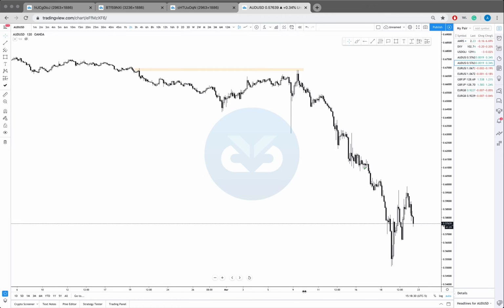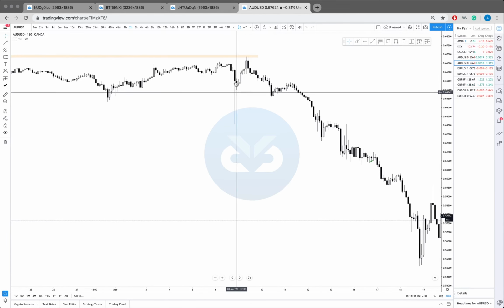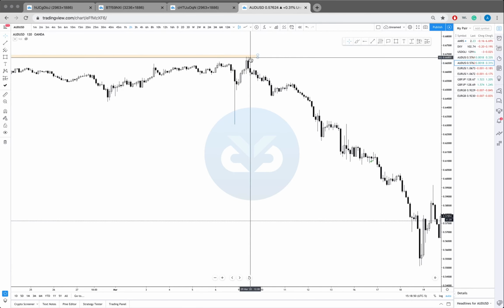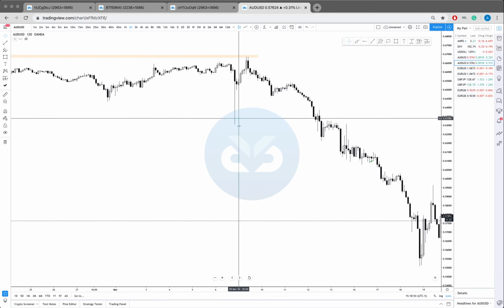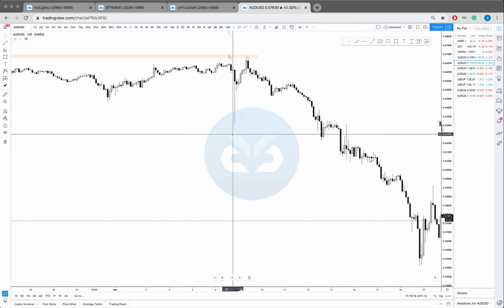Also, this is probably the major rule when it comes to an SC: the amount of body in comparison to the amount of wick in that candle has to favor the body. What I mean is, if there's a lot of wick, for example, yes, this pushed down and gave a reaction to the upside, but this candle would not be considered an SC because look at how fat this wick is.